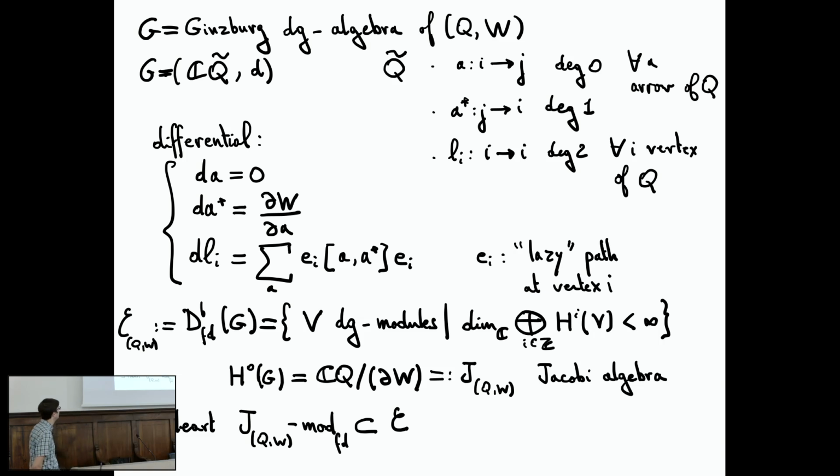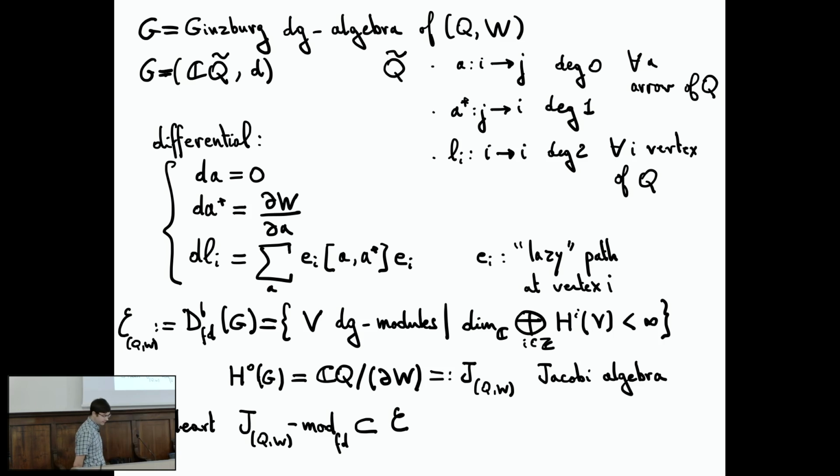If you have one of the original arrows of your quiver a, you say d of a is 0. If you have one of these new arrows a star, you decide that d of a star is the partial derivative of your potential W with respect to a.